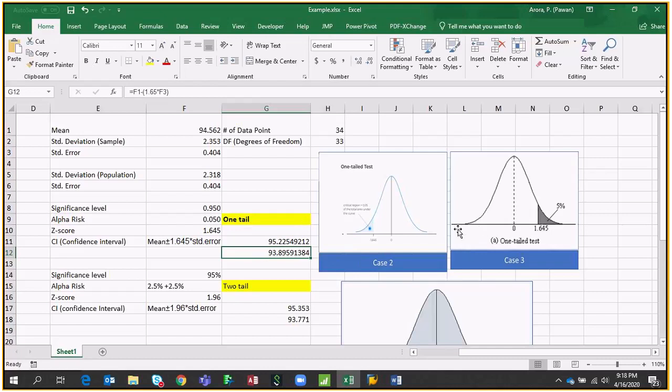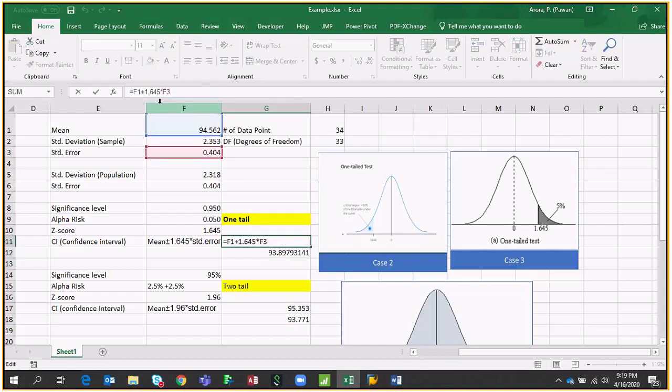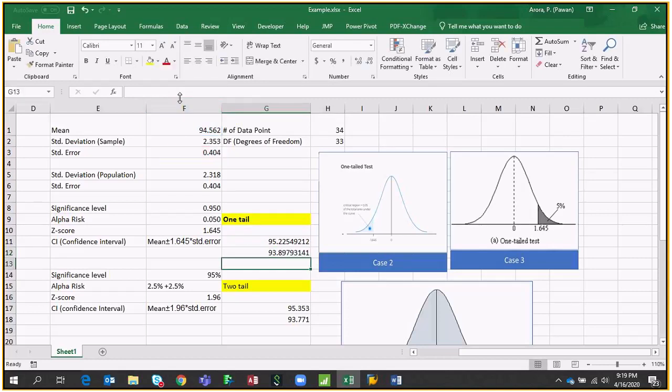When you are considering the left tail, this will be your number. Let me calculate this. This is your mean minus 1.645 multiplied by the standard error, so your number is 93.89 something. Let me make it even simpler and put a bracket here, so there is no calculation mistake. So this is the area.